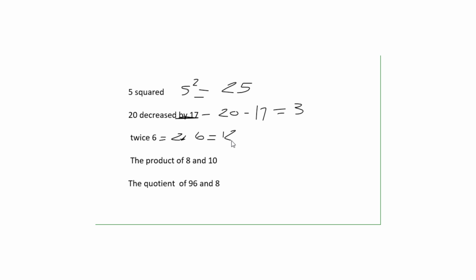The next one says the product of 8 and 10, so 8 times 10, that would be 80.